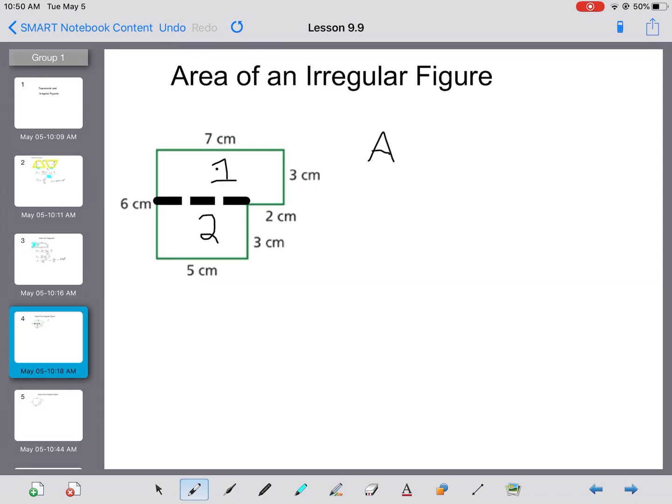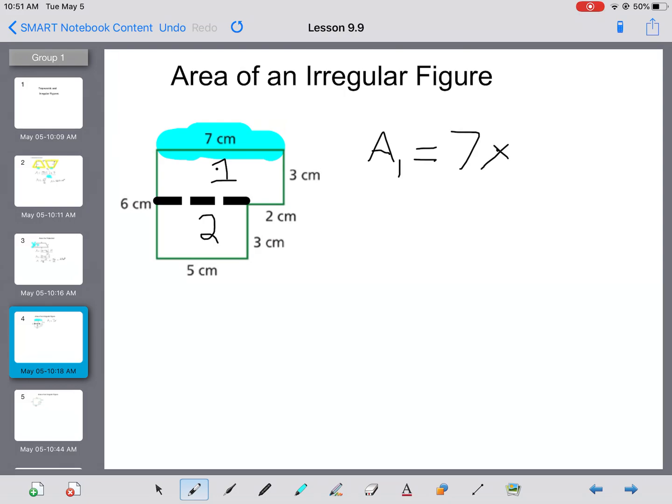So then I want to find the area of rectangle 1. Now this is where you need to be careful. You need to make sure you're looking at the correct measurements. If I want to find the base of rectangle 1, it's 7 centimeters because that line goes all the way across here. So I get area equals 7. That's my base. Now I need to do times my height.